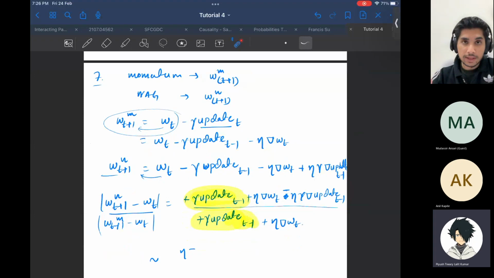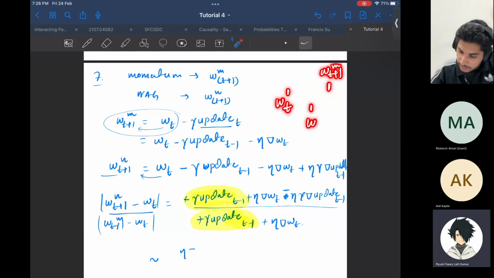We are given some options which have |wt plus 1 minus wt|, and we have to come up with some relation between them. So in some sense, what we are asked is: if this is wt, and I reach wt plus 1 m, and if I reach wt plus 1 n, what is the relation between this distance and this distance?